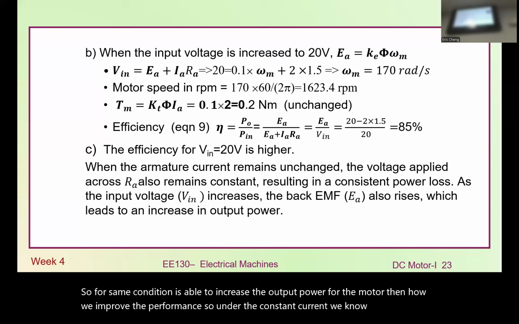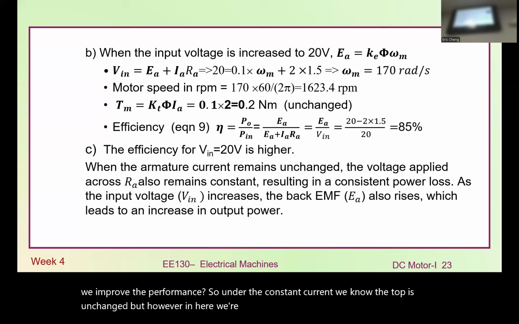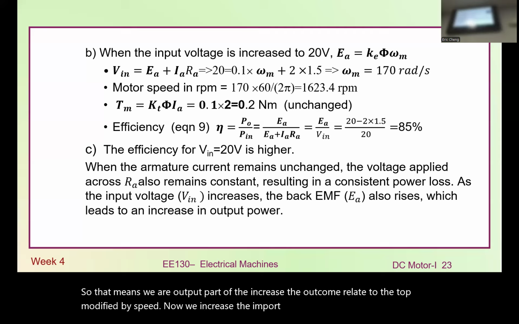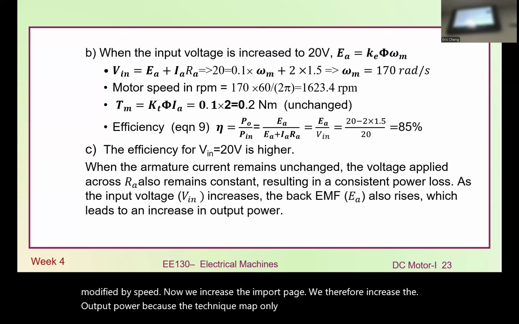However, if we are able to increase the motor speed, that means the output power can increase. The output power is related to the torque multiplied by speed. Now we increase the input voltage, we therefore increase the output power because the back EMF already increased, so the speed already increased.